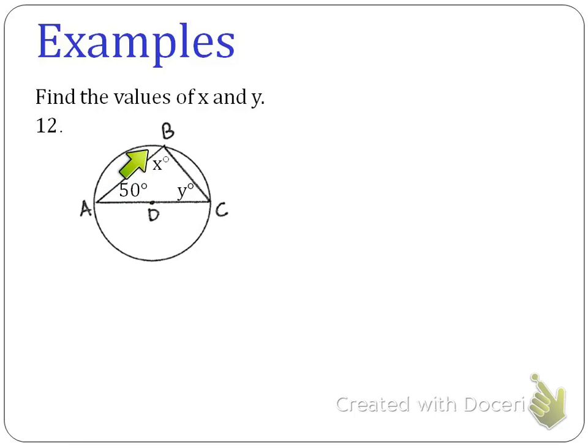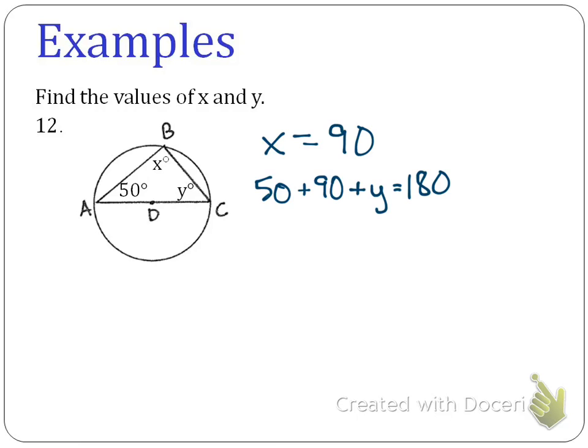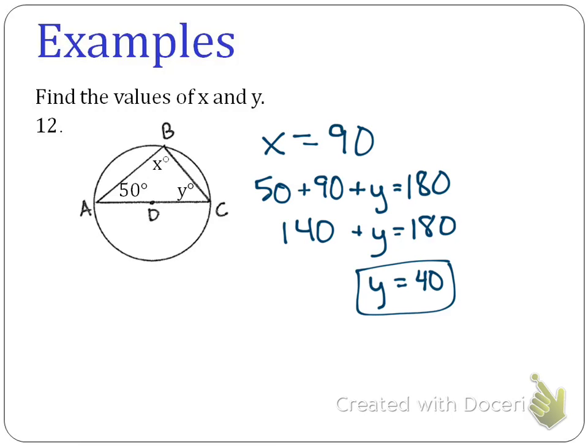It's actually going to be the angle that is not attached to the diameter, or you could say it's the angle across from the diameter, or opposite the diameter. So this x is 90. Then we're going to use angles in a triangle add up to 180. So with these polygons, you figure out which one's the 90 degrees and then use the knowledge that angles in a triangle add up to 180.